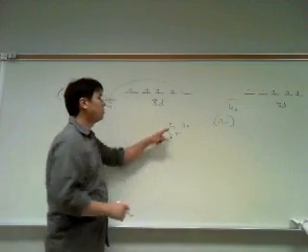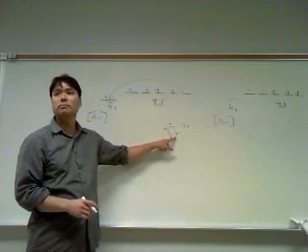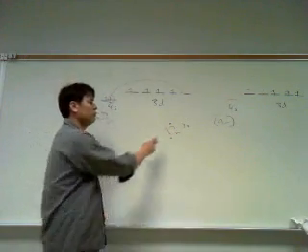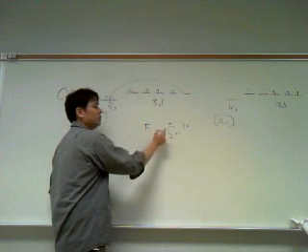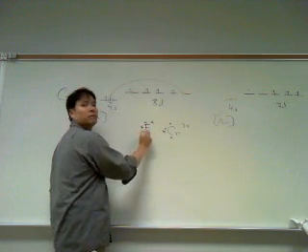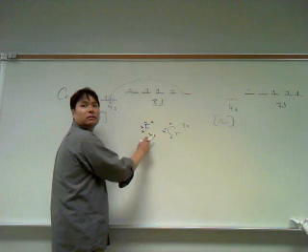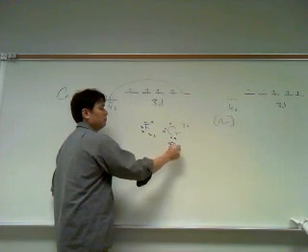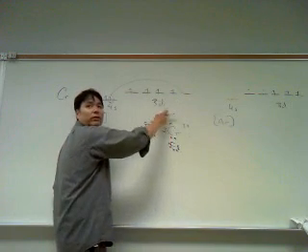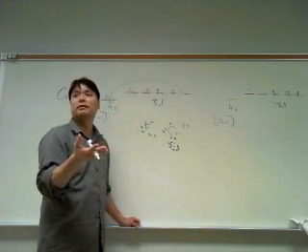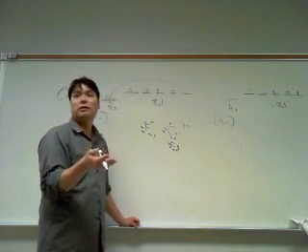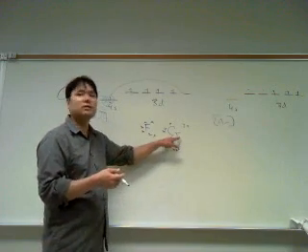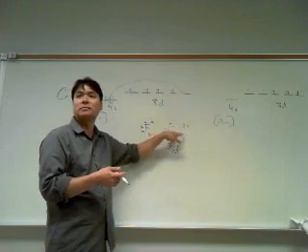And then it looks like chromium can form 3 bonds. Fluorine comes in here, bonds. Remember this kind of stuff? Another fluorine comes in here and bonds. Another fluorine comes in here and bonds. So 3 bonds, right? And then it's less than an octet, and so we need to get something else in there.